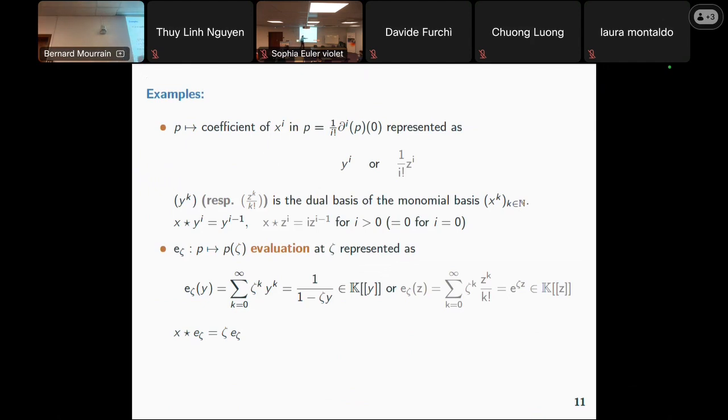So you see the nice thing is that when you have the z variable, you have the exponential, and then x times the exponential of zeta z is like the derivation with respect to z. So you find zeta times the exponential.